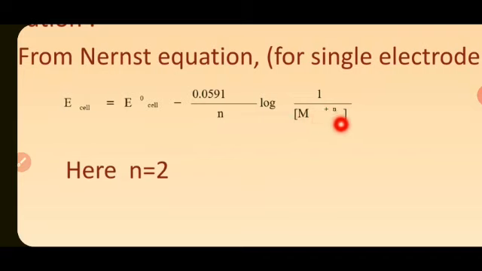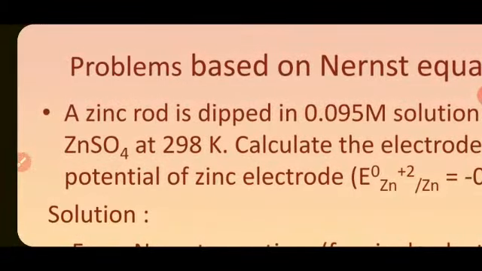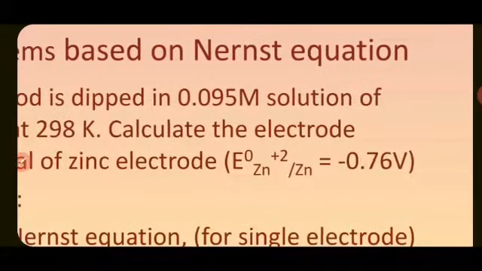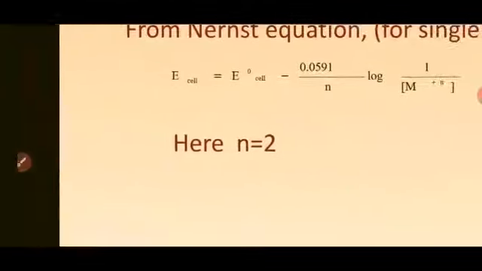This shows the concentration of metal ion, which is already given in the problem. Then here n is equal to 2. Why n is equal to 2? Because in this electrode zinc is dipped in zinc sulfate and it becomes zinc plus 2 ion. So therefore n is equal to 2.